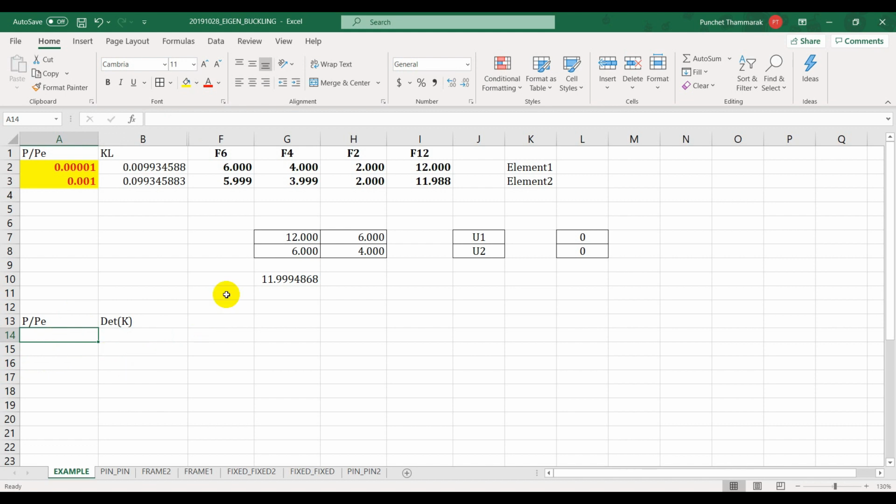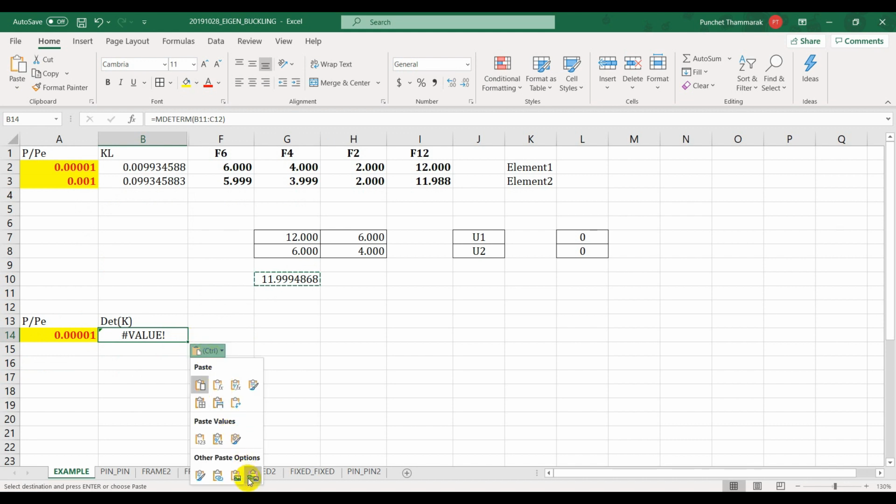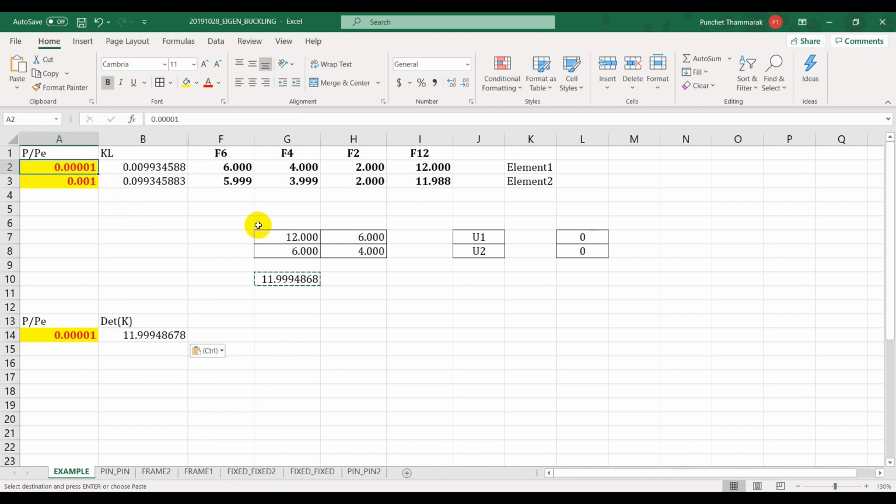So let's start from this value of P over PE. The determinant is equal to this value. And then we increase by 0.1. You can see that the determinant changes as you change the load.